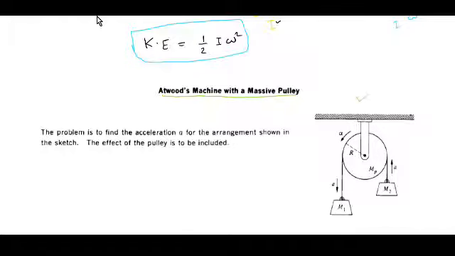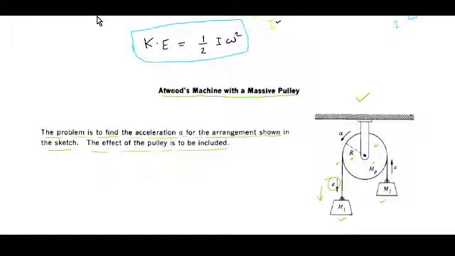The problem is to find the acceleration A for the arrangement shown in the sketch, with the effect of the pulley included. The pulley has mass mp and radius r, and there are two masses m1 and m2 connected with a rope.